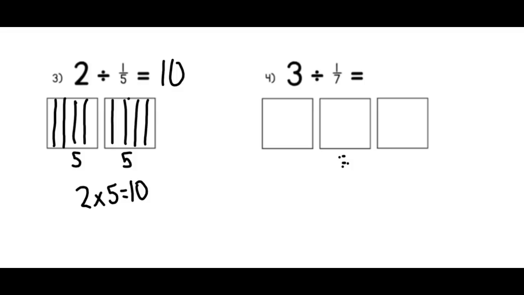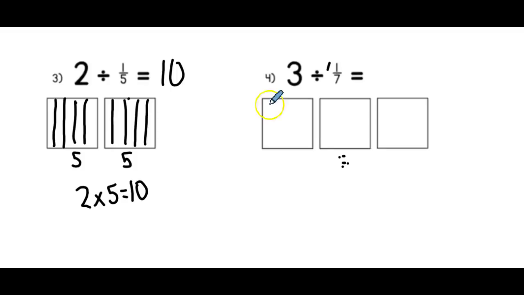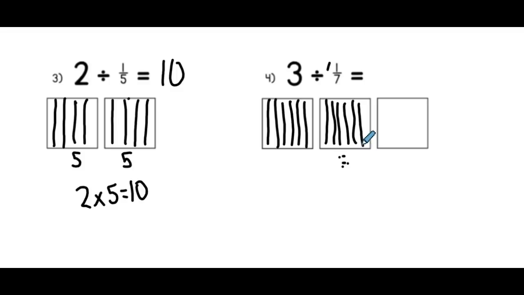Okay, let's look at number 4. I have 3 things. I'm going to cut each one into 7 pieces. My pen's not working. There's 1, 2, 3, 4, 5, 6 lines, which gives me 7 pieces on that one. I know these aren't perfect, guys, but 7 pieces on that one.